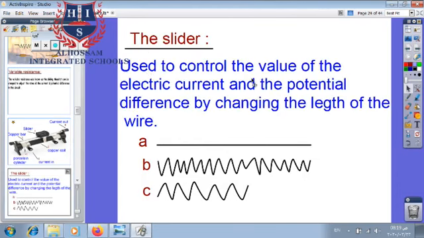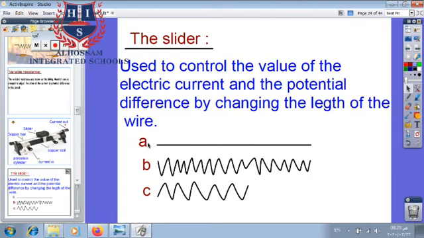Why, by changing the length of the wire, can we control the electric current intensity and the potential difference? Let's explain. For example, if we have three paths or three ways, A, B, C, which one do you think the electric current will find more resistance in?